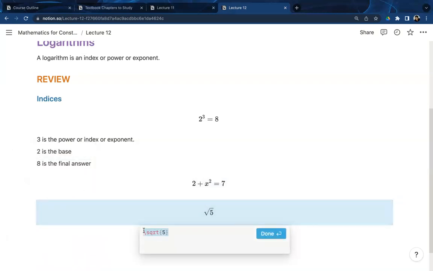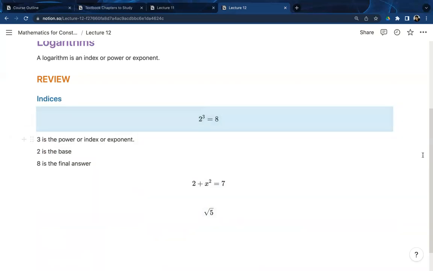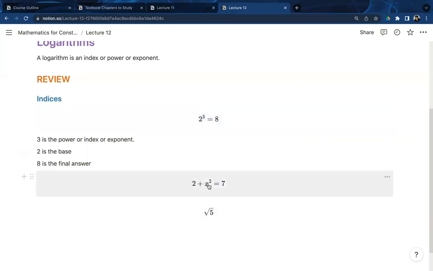Now, in all these equations here, the unknown is in the base, right? The base is the number that you see here, not the power. So you could think of 8 as a base and 2 as a base, but 3 is not a base. So all these equations involve a base to some power.